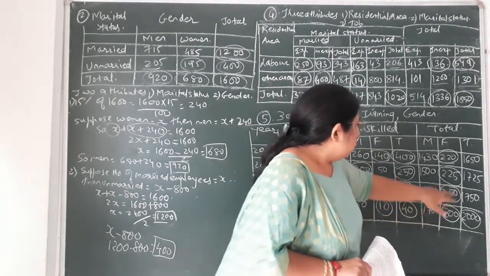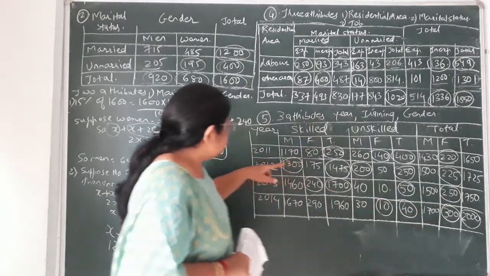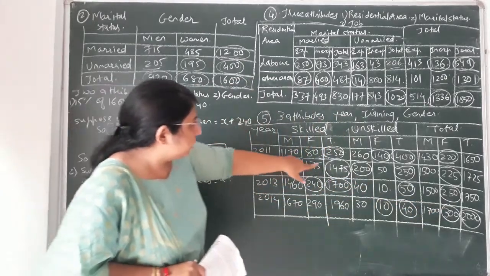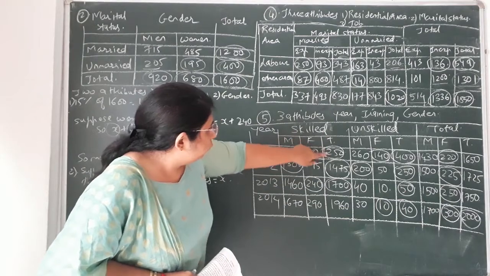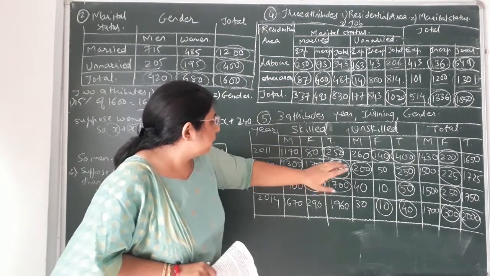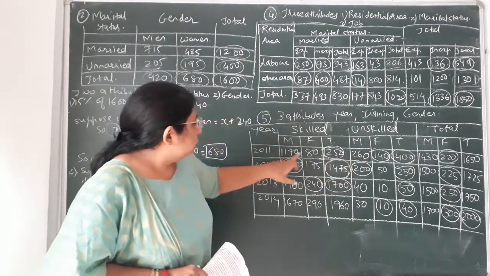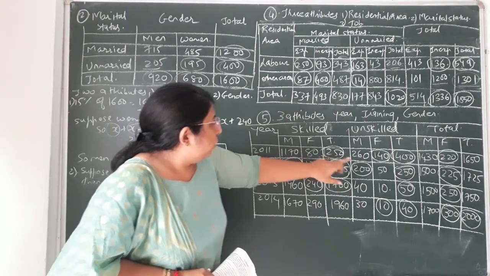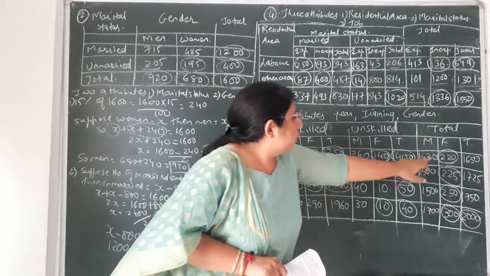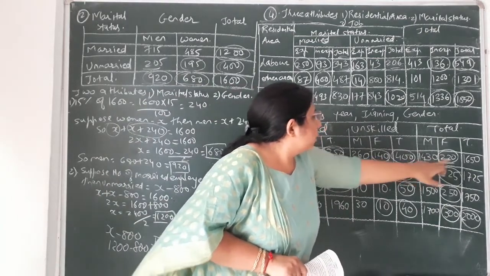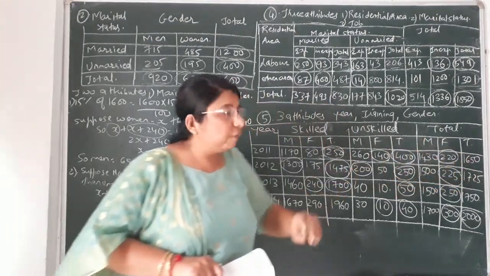In the same way over here, first of all, looking at this data, 1250 has been given to you over here, 400 is given to you, and over here 1650 is given to you.